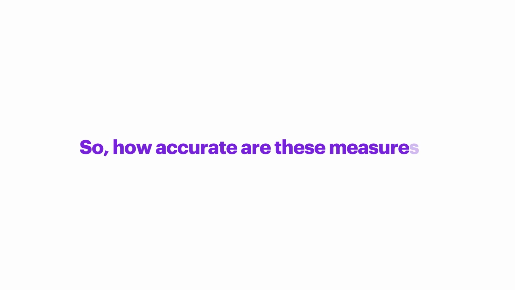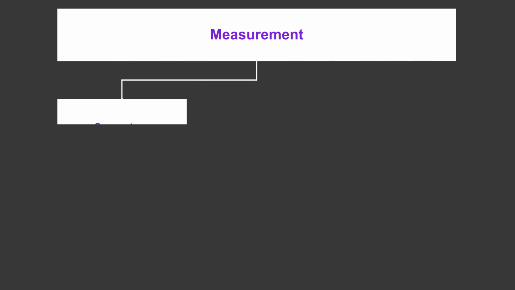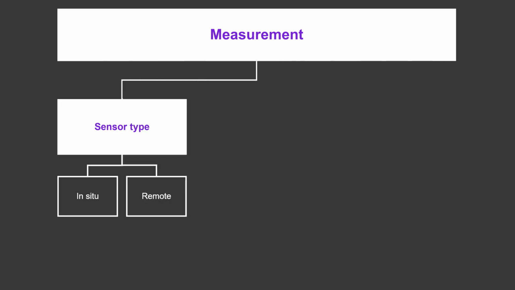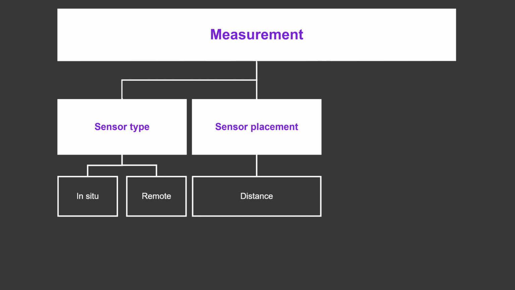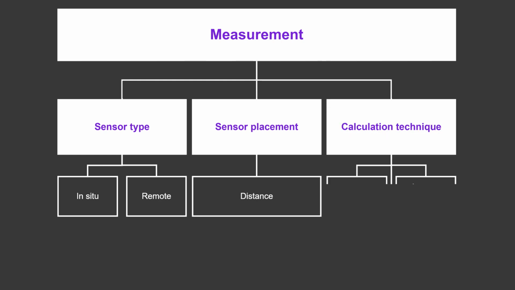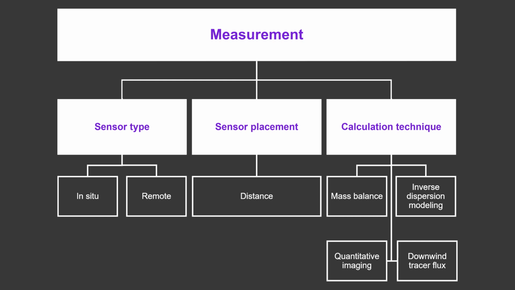So how accurate are these measures? Data accuracy depends on the way it is measured, and the uncertainty depends on the sensor type, which could be in situ or remote sensing, the sensor placement, which corresponds to the distance from the measurement point to the gas source, and finally, the calculation technique, which estimates the gases emitted with a certain degree of uncertainty depending on the types of models used.